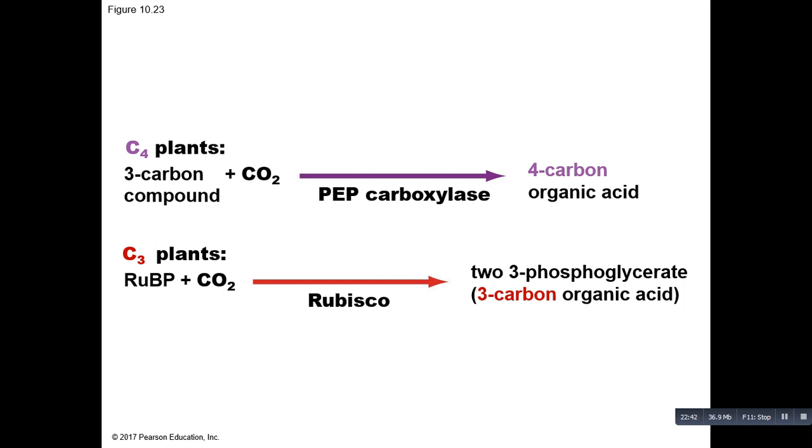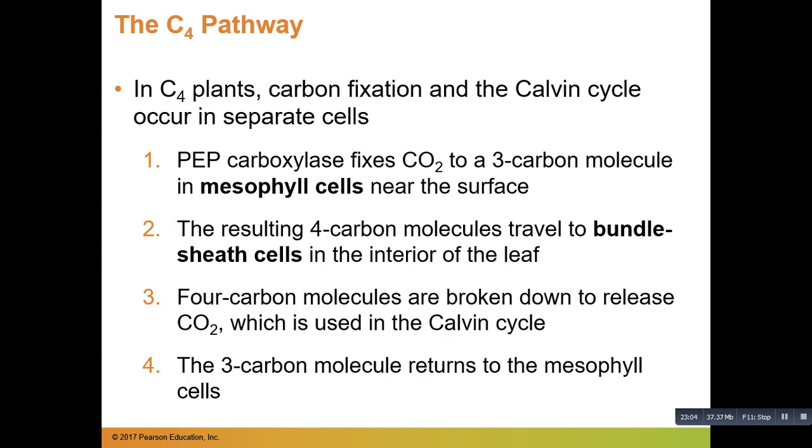It's going to be handled by our enzyme Rubisco, and we're going to get 2 3-carbon organic acid molecules. Now, even though these occur together, they occur in separate cells. So in C4 plants, carbon fixation and the Calvin cycle occur in separate cells.